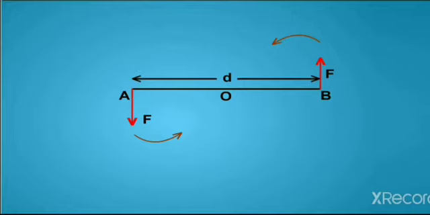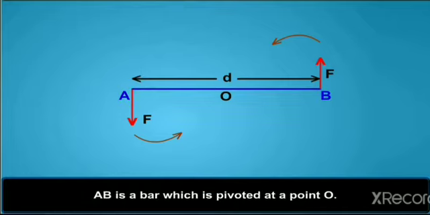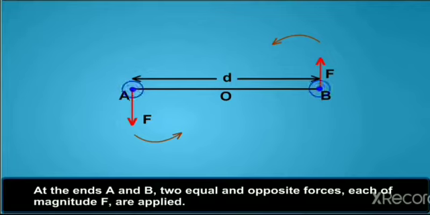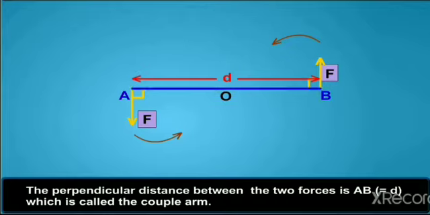Moment of couple. The figure illustrates the effect produced by a couple. AB is a bar which is pivoted at a point O. At the ends A and B, two equal and opposite forces, each of magnitude F, are applied. The perpendicular distance between the two forces is AB, which is equal to D, which is called the couple arm.